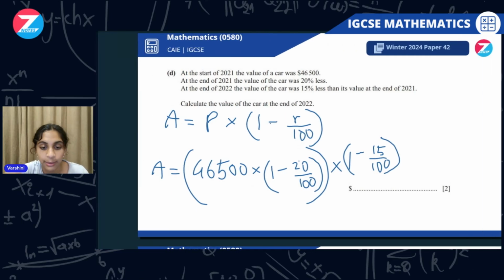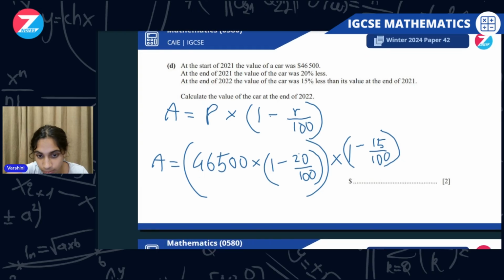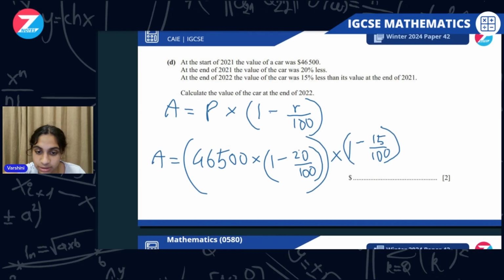Okay, so now we can just put this, and we know that 1 minus 0.2 is 0.8, and 1 minus 0.15 is 0.85.